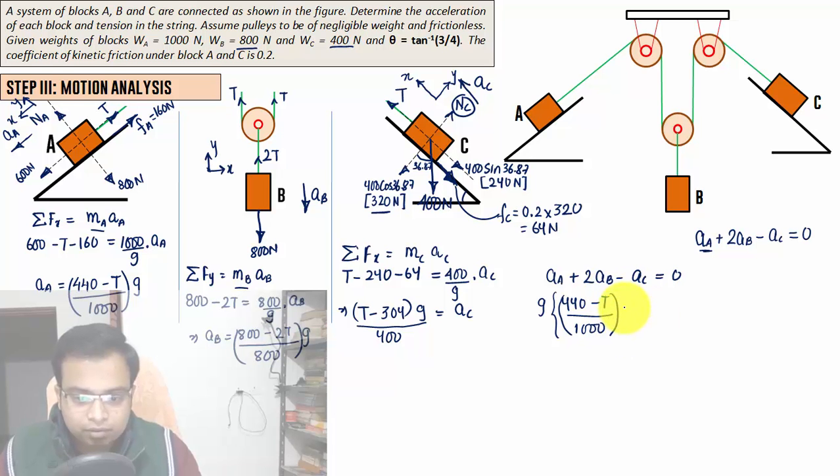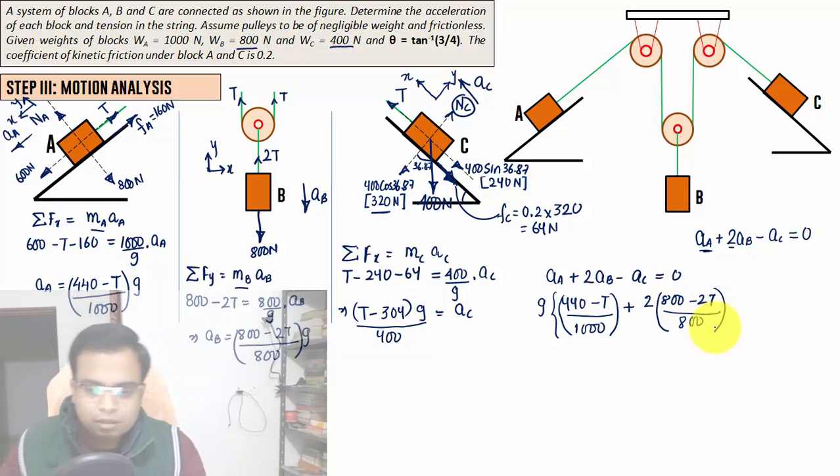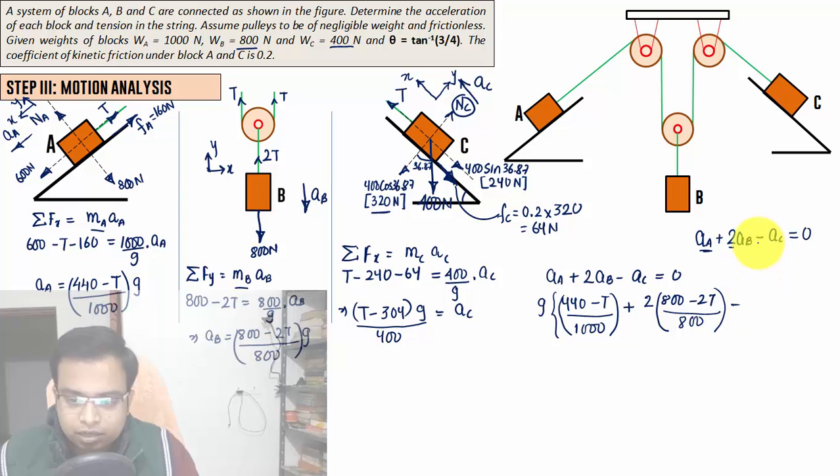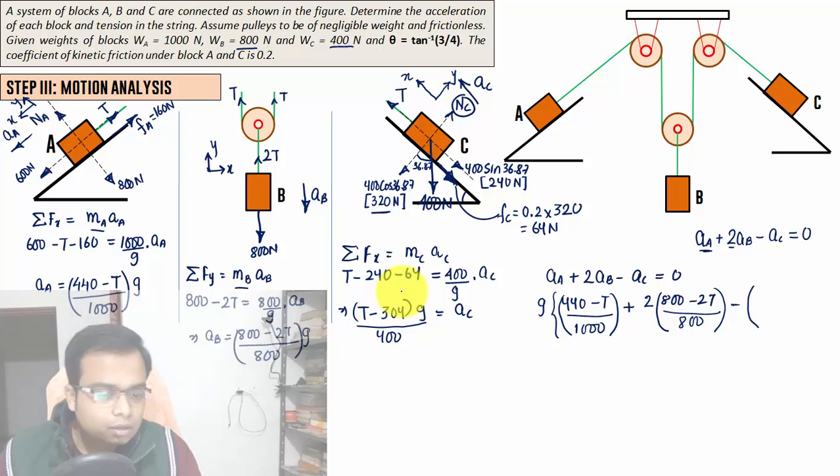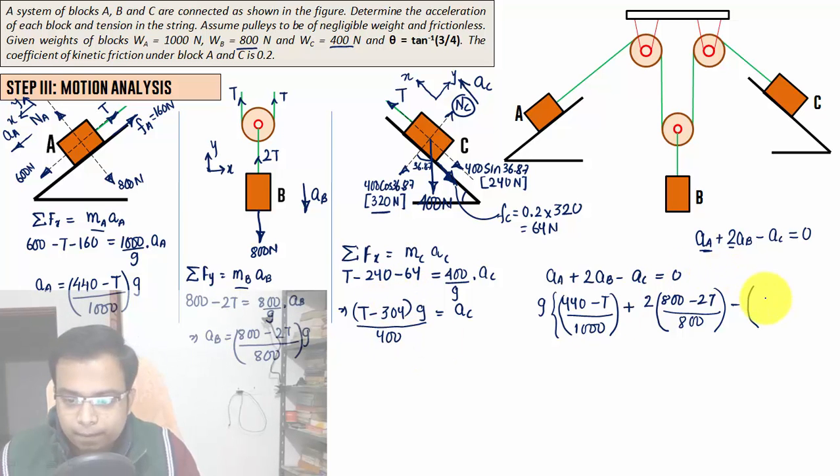Then we have again a plus sign, twice of this, (800 minus 2T) over 800. Then finally we have a negative sign, minus AC. How much is AC? It's (T minus 304) over 400, and all of this is equal to 0.